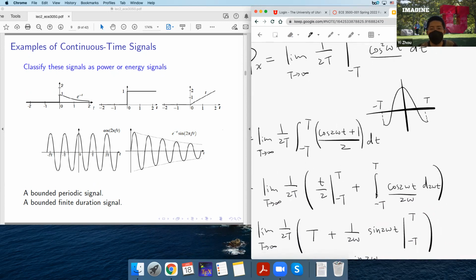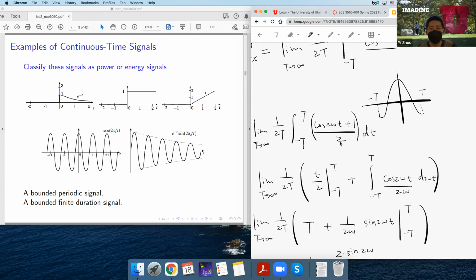Right, and then we have 1/2 here. So 1/2 goes to this one. No, I'm still keeping the integration here. So this is integration of cosine 2 omega t over 2. Oh, yes, now I got you.